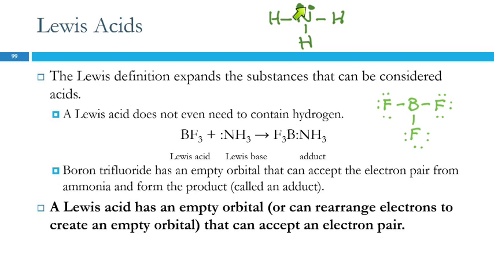This one has a lone pair of electrons, so that can be the base. This one has an empty orbital. This is a fairly stable compound. Boron is so small that it can be talked into running around with only 6 electrons instead of 8. But if it has an opportunity to get 8, it's going to take it.